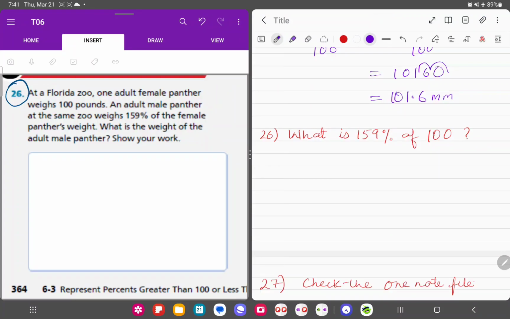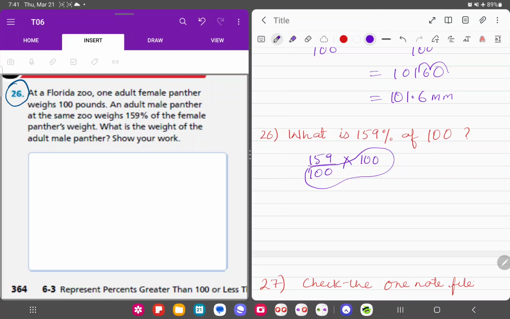Again, question 26 can be summarized as: what is 159% of 100? So as we did before, 159% means 159 over 100. Okay, of, whenever you have 159% of 100, 16% of 100, 35% of 100, you just change it to multiplication and you keep the 100 as it is. Now here you can see you can divide 100 by 100, it will give you 1.